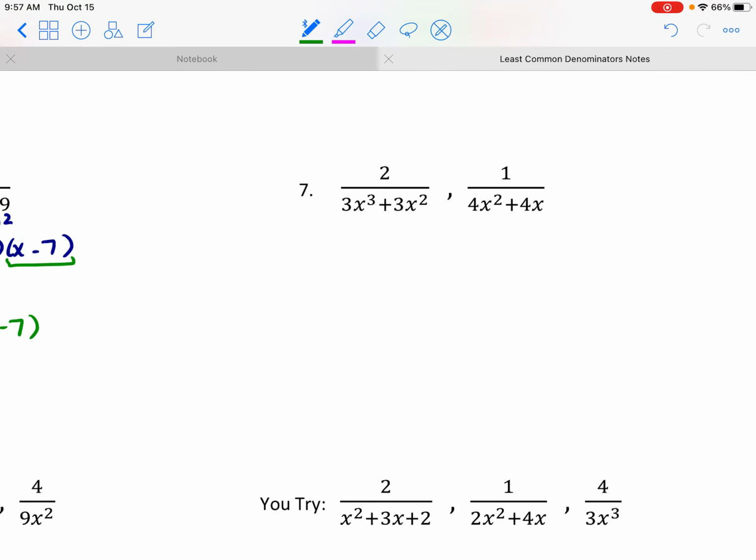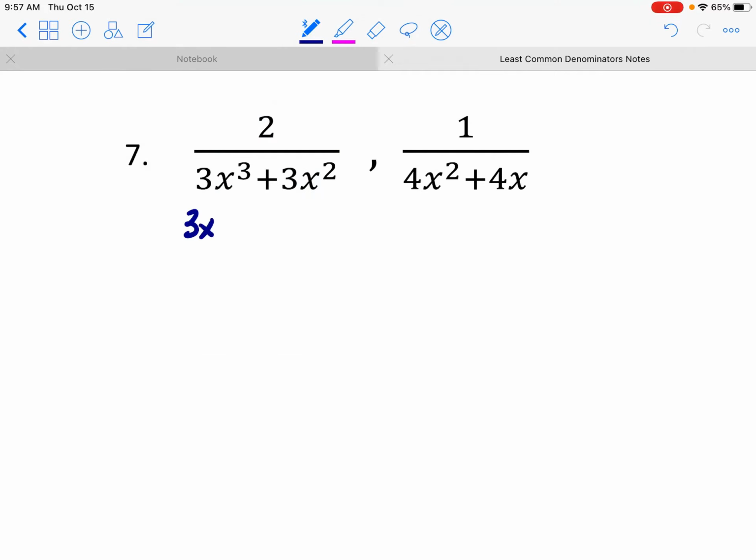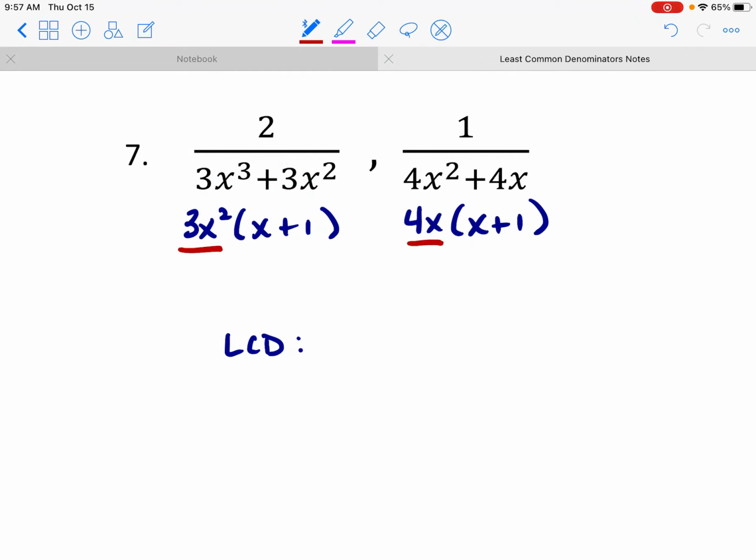Let's see, more factoring. Here, we're going to take out a GCF of 3x squared, which is going to leave us an x plus 1. And the second denominator, we can take out a GCF of 4x, which leaves us an x plus 1. So now when we go to find our least common denominator, we want to look at the single terms first, which in this case are going to be our GCFs. Okay, the 3x squared and the 4x.